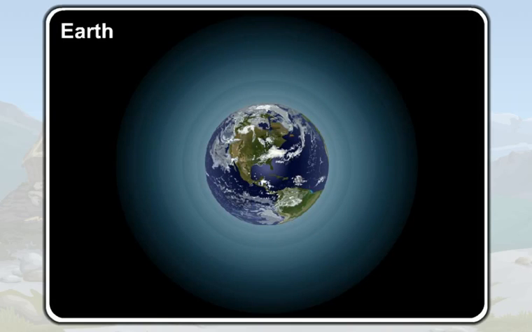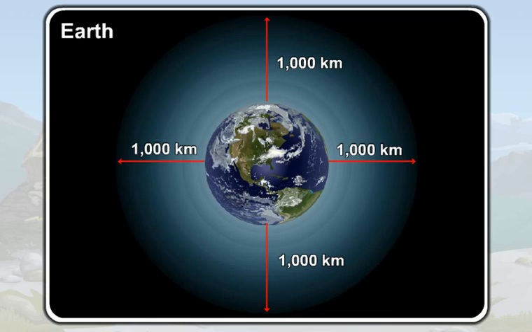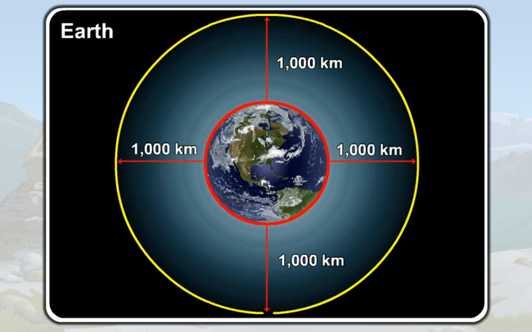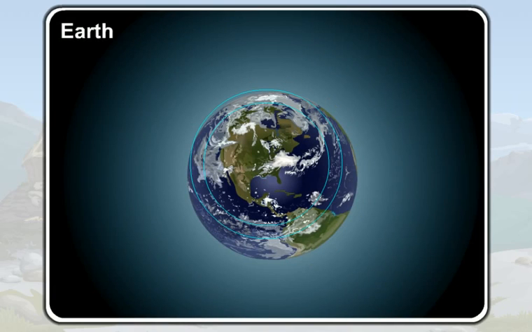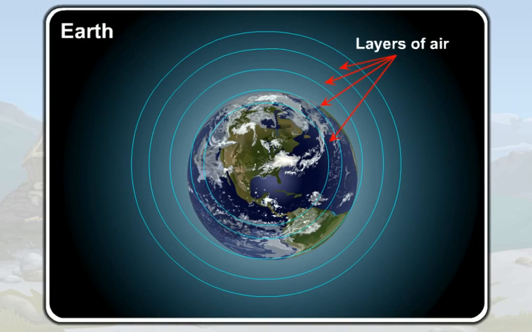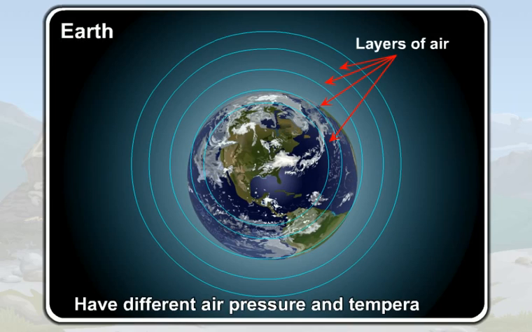The air is present only up to 1,000 kilometers height from the Earth's surface. There is no air above this height. The layers of air of the atmosphere have different air pressure and temperature.